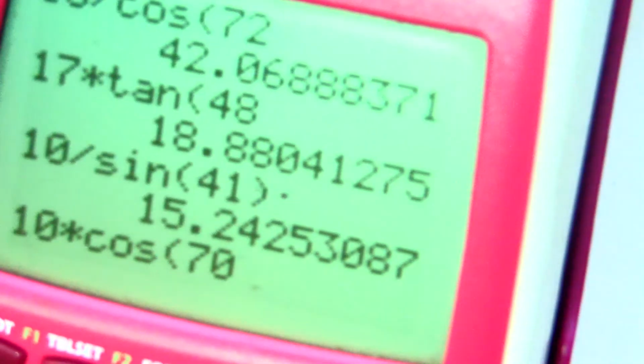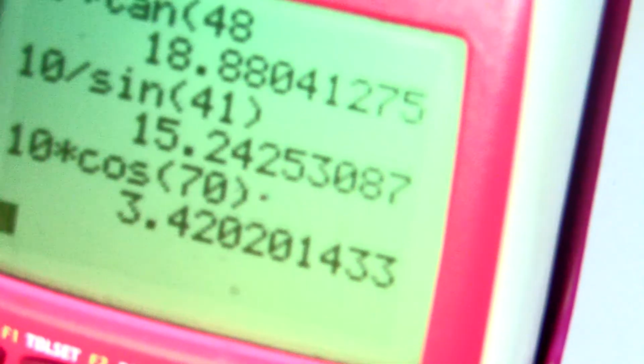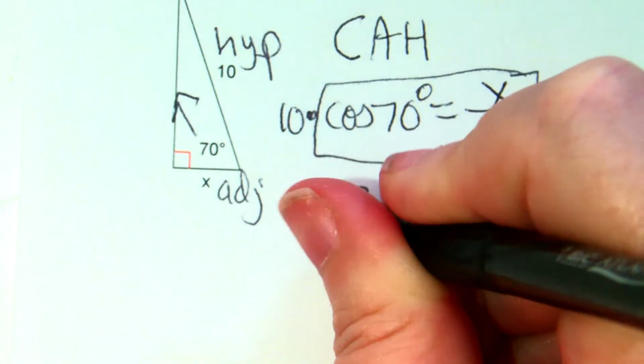Sine, cosine, tangent. So I need cosine of 70. 3.42. 2 is small. So it's 3.4. X is about 3.4.